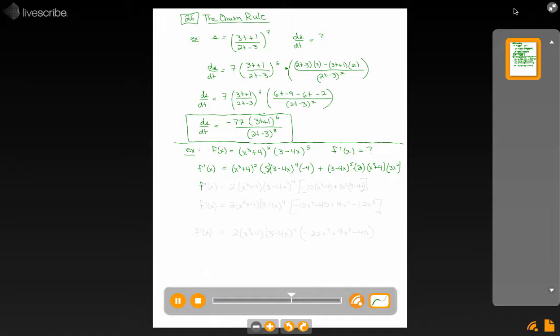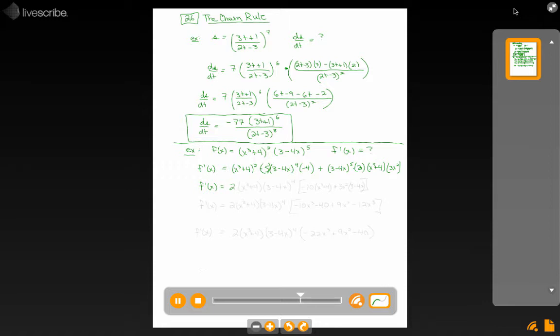Now you can see why we spent so much time earlier in the semester factoring, if you can recognize the fact that you've got a lot of common factors here. For sure, just looking at the constants, this first one has negative 20, the next one has 6, and so I can at least take out a 2.